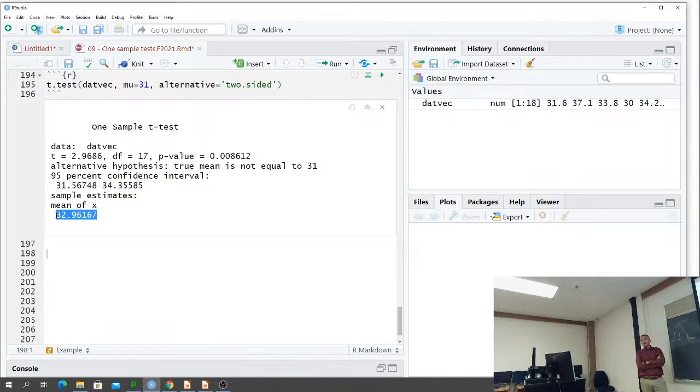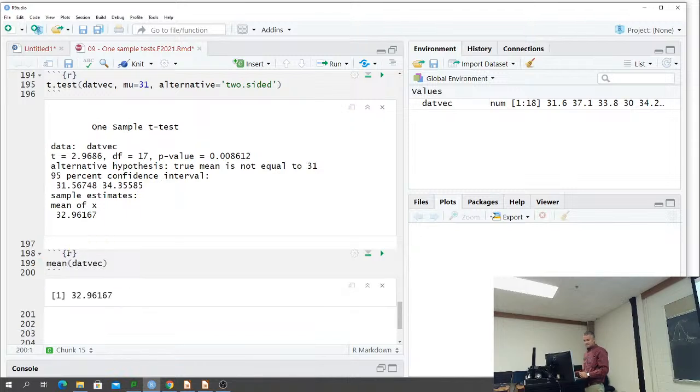Is this a bootstrapped confidence interval? No, it's a regular confidence interval. How can we calculate that? There's our mean, it's the same as the mean up there. How do we calculate a 95% confidence interval?